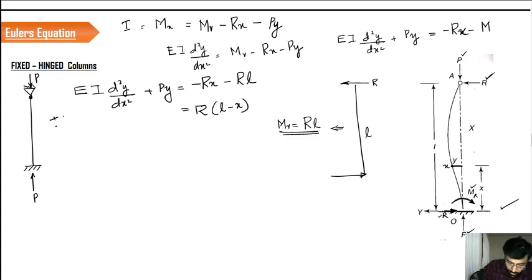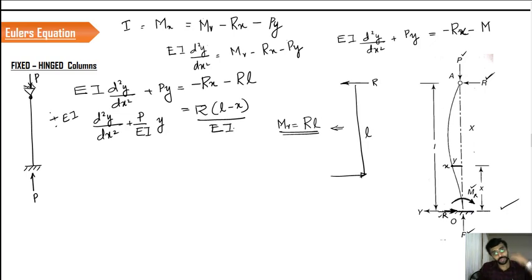And if I divide by EI, then the equation is d square y by dx square plus P by EI into y equals R into (L minus x) divided by EI. Now we have the same situation here. Here we don't have a P here.